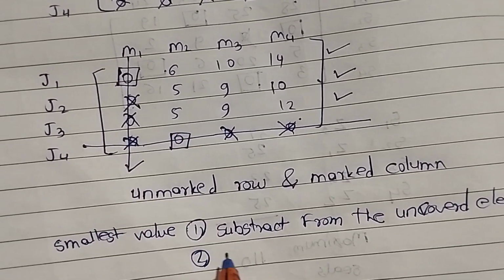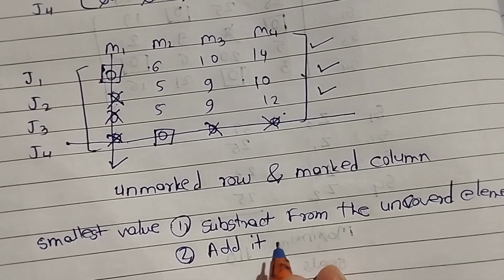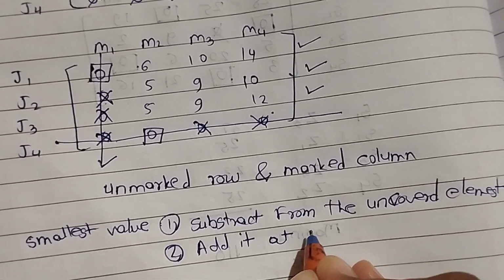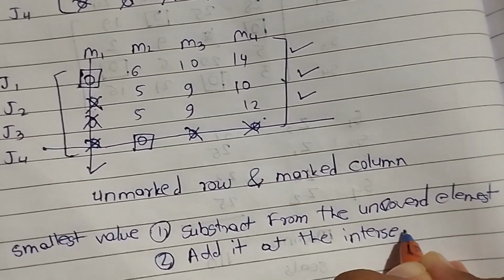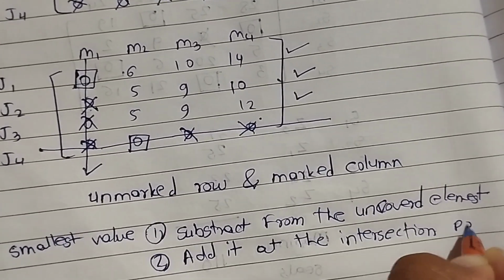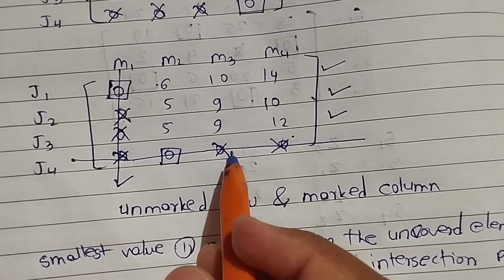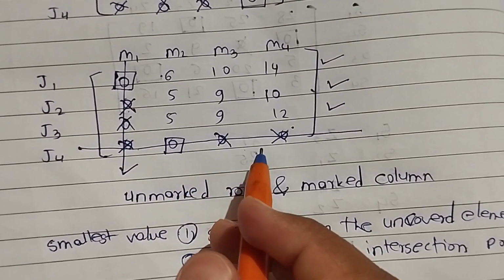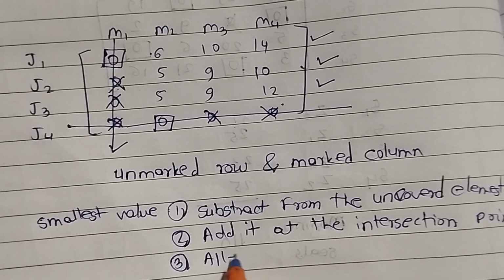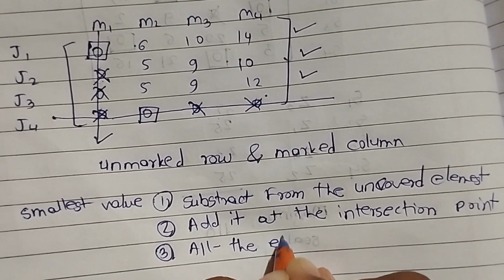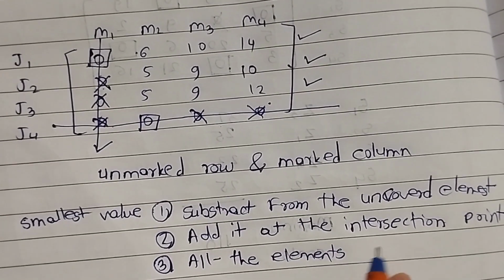So add the smallest value at the intersection point. Third step, all the elements which are covered by a single line, write as they are.